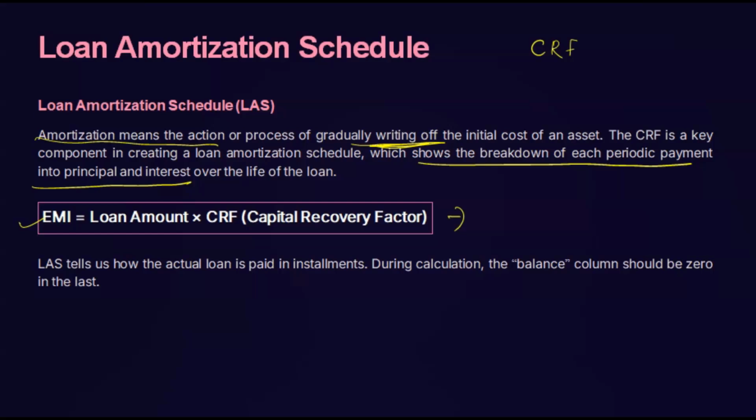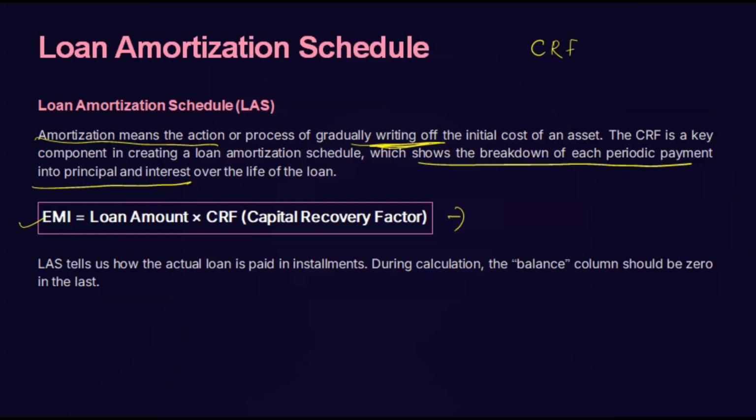How much amount has been paid, what is the balance, how much is paid next month, and what is the balance. And in the amount which is paid, what is the breakdown of principal plus interest. We'll create a whole table with the loan amortization schedule and see how the actual loan is paid in installments, and in the last the balance should be zero.